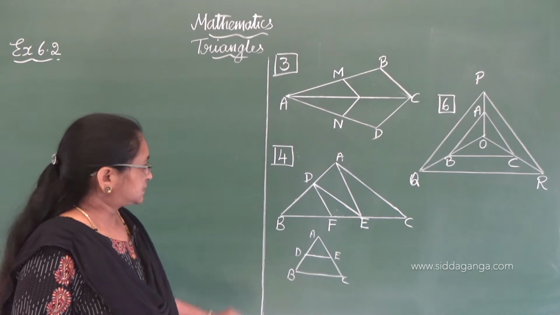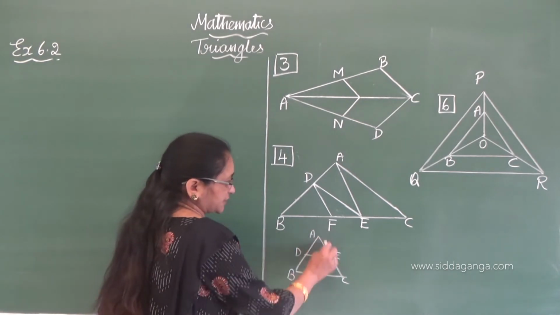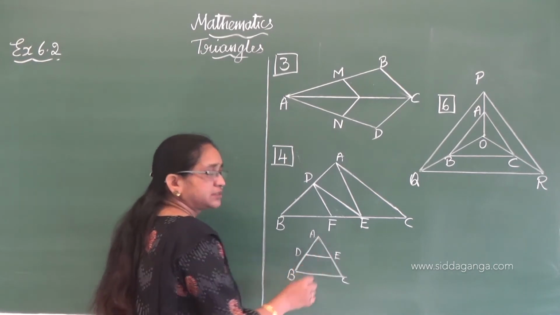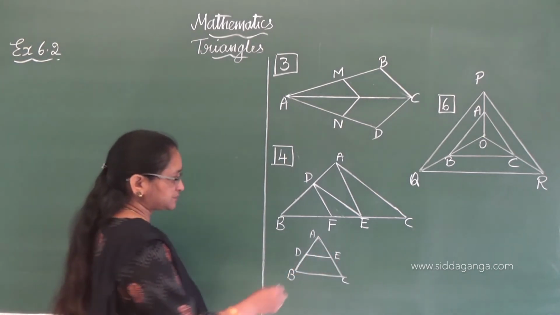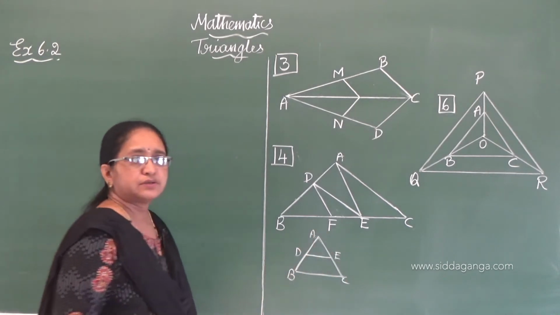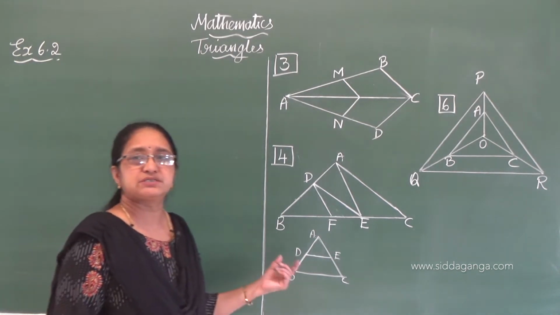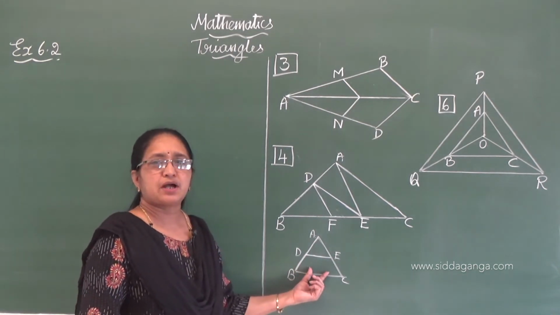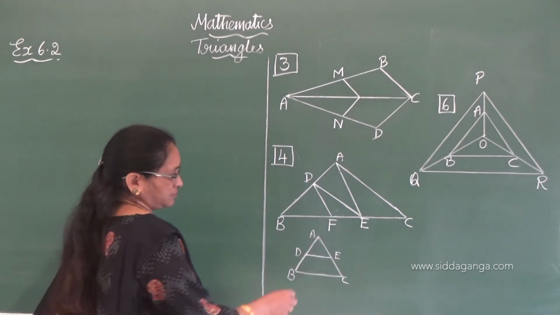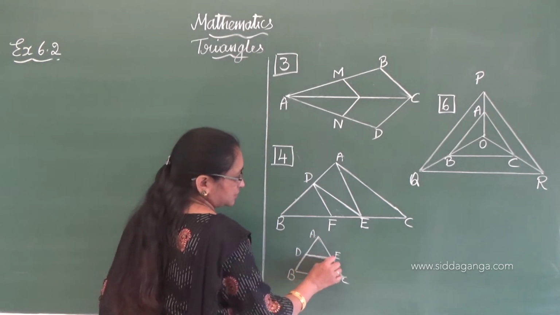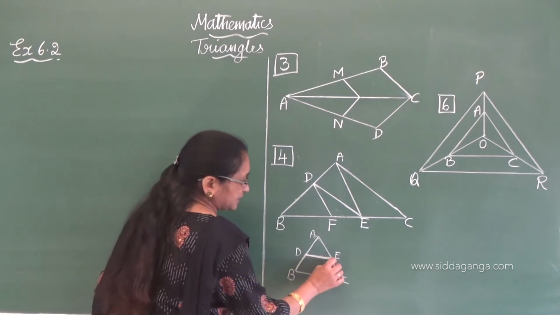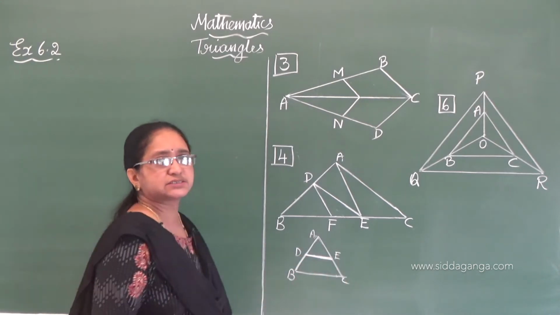Then the other two sides of the triangle are divided in equal proportion, that is AD by DB is equal to AE by EC. This is what we studied in the basic proportionality theorem. And the converse of it is, if the line divides the two sides in equal proportion, then this line is parallel to BC. So that is the converse.